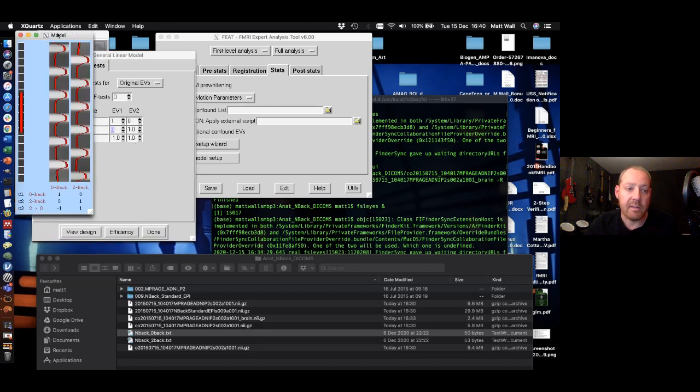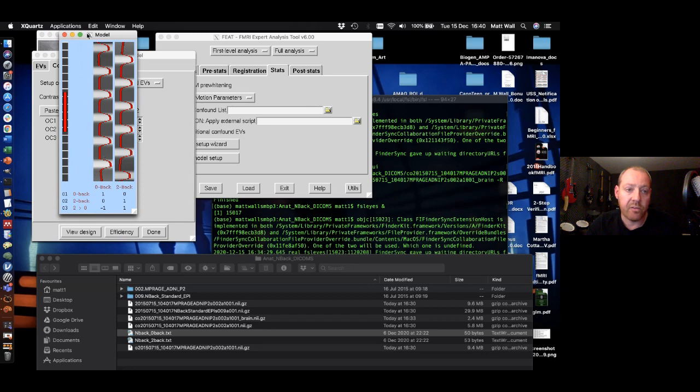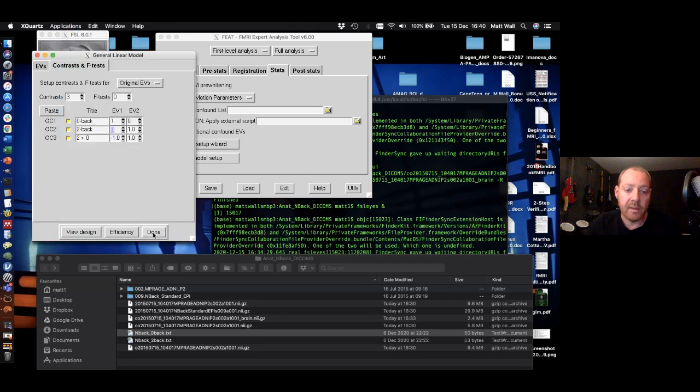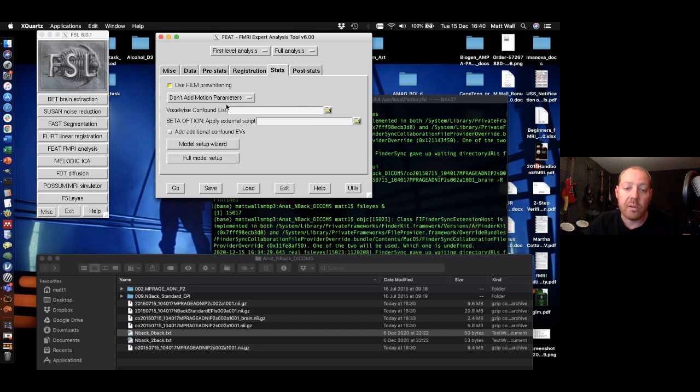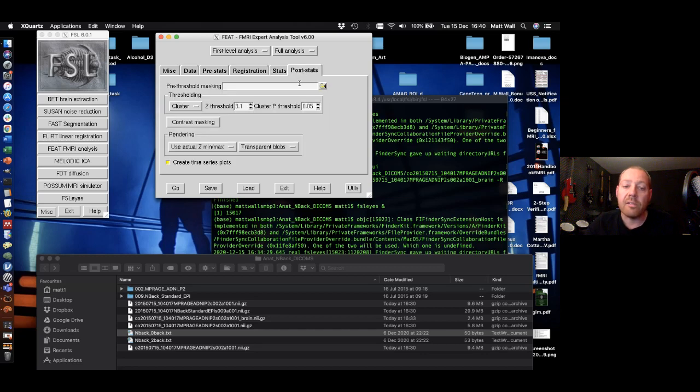And now we can see our design with all our contrasts at the bottom there. And we can say done as well. What I'm also going to do is include motion parameters in the model, and I'll show you why later. Last of all, we do the post stats. I'm going to talk about that in just a second, but for now, I'm just going to set it like that. And that's all.